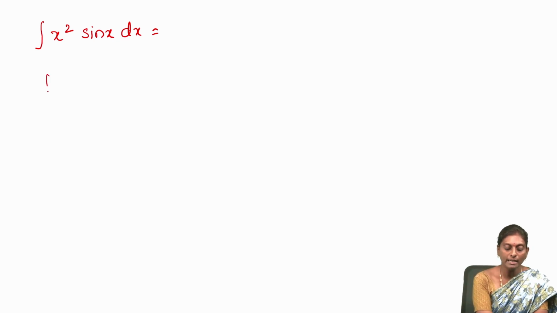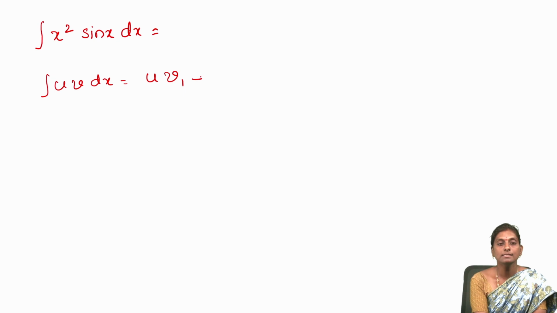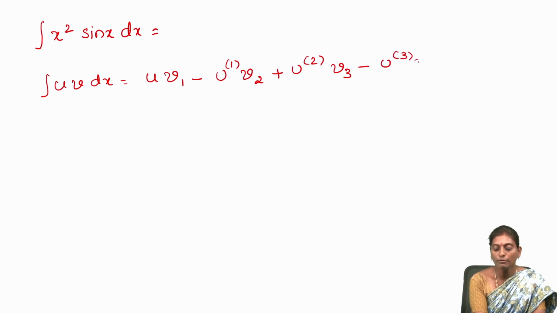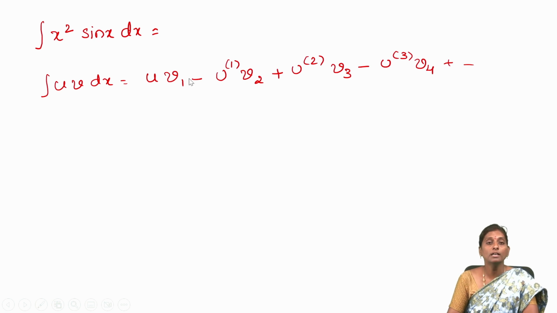Integral uv dx is equal to u v1 minus u1 v2 plus u2 v3, with alternate signs minus, plus, minus, minus u3 v4, and so on. This formula continues until the differentiation of u vanishes.